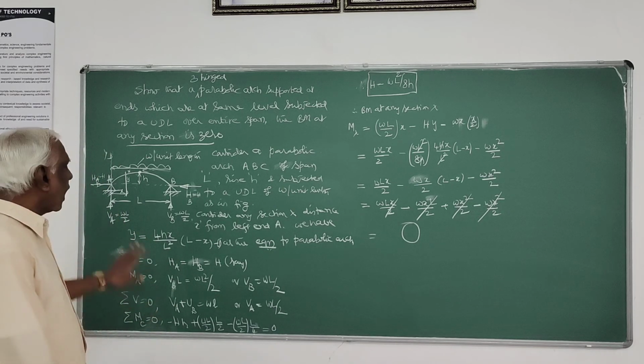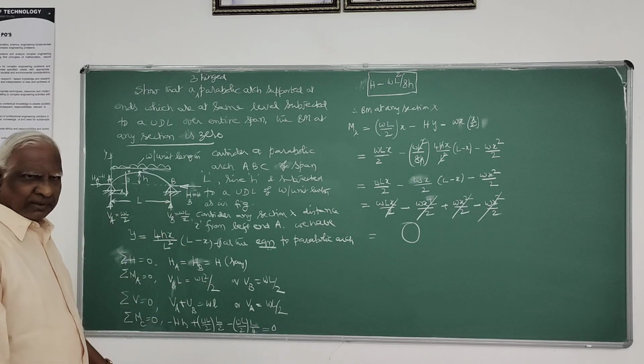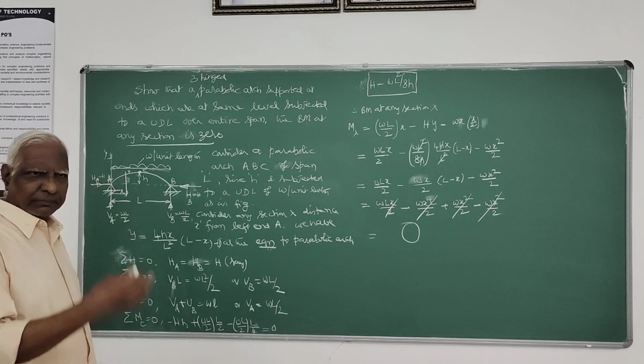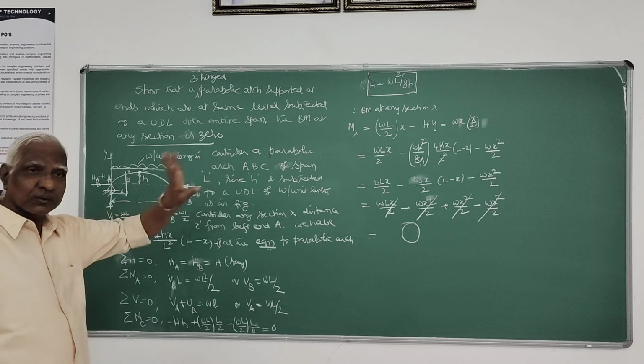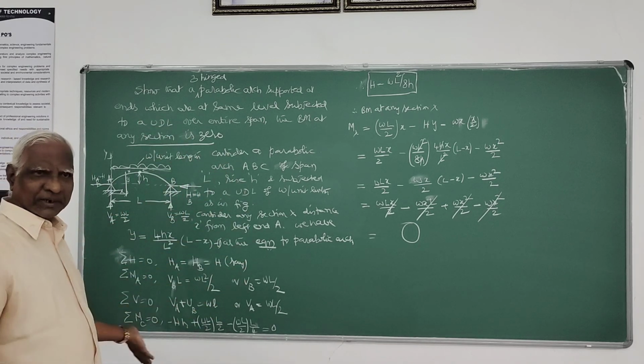So you can always remember, for all parabolic arches at the same level, whatever the span and whatever the rise, subjected to a uniformly distributed load, the bending moment is always zero.